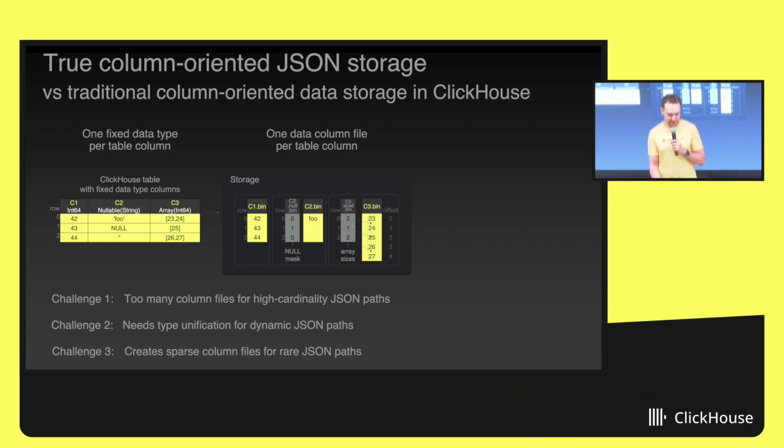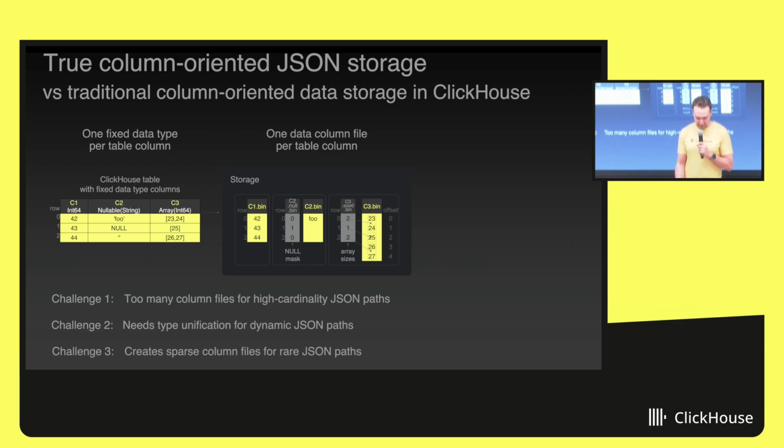Then it will be stored in separate files, and some data types can be stored in a few files. For arrays, we have one file with values from all of these arrays, and another file with offsets inside the column, actually with array sizes. For nullable, we have the data file and the file with the null mask.